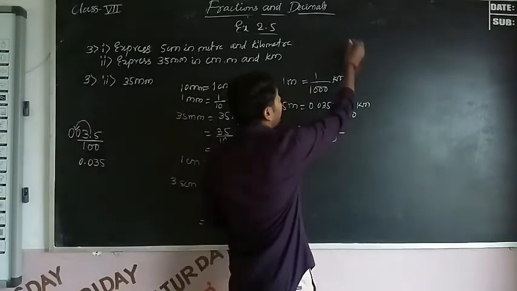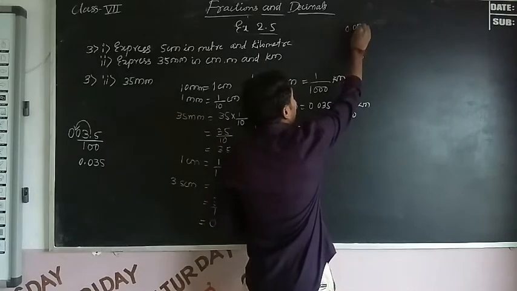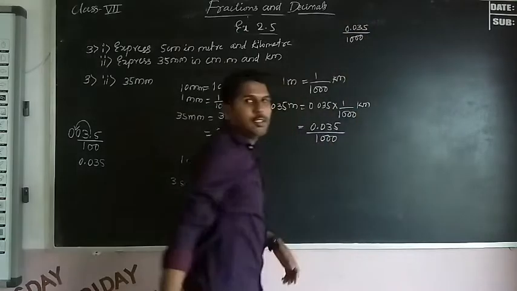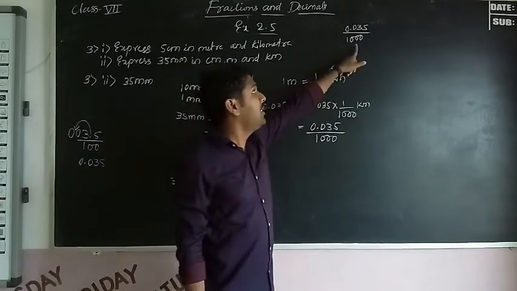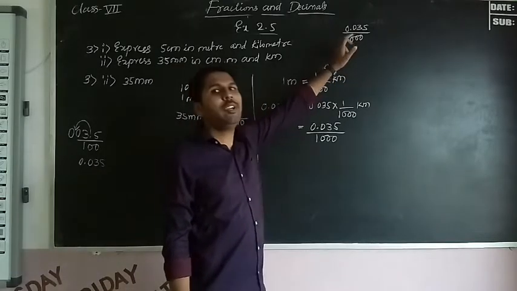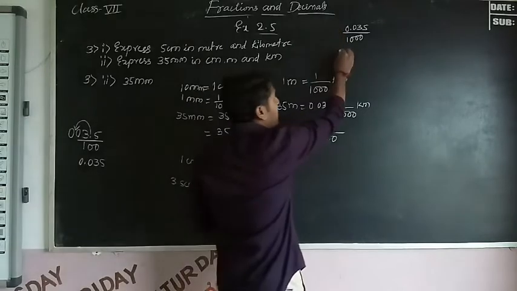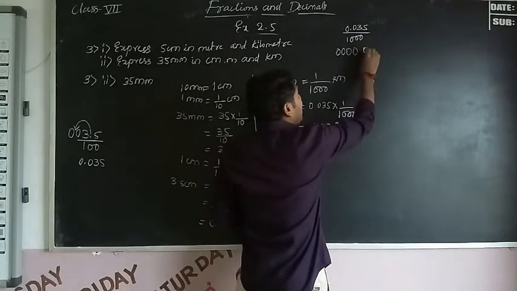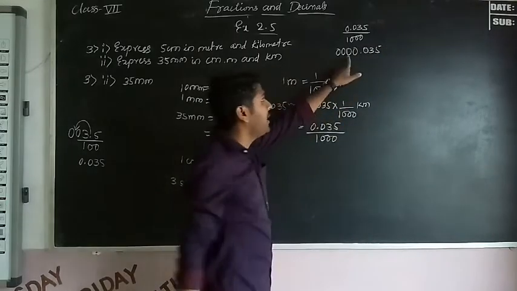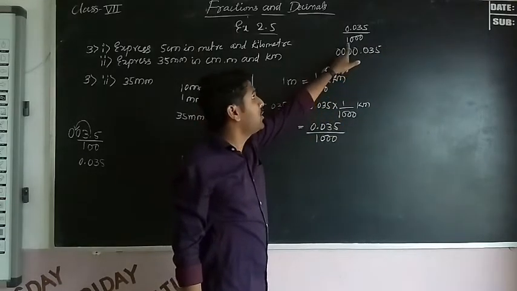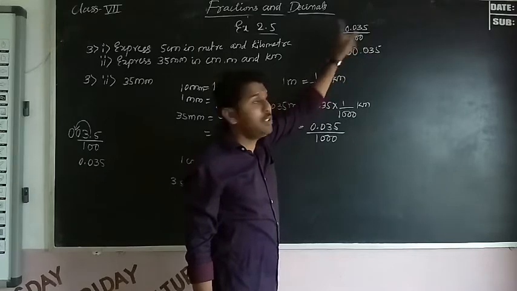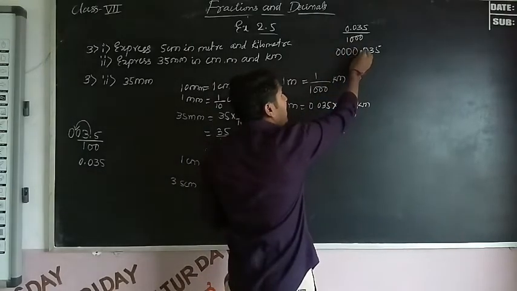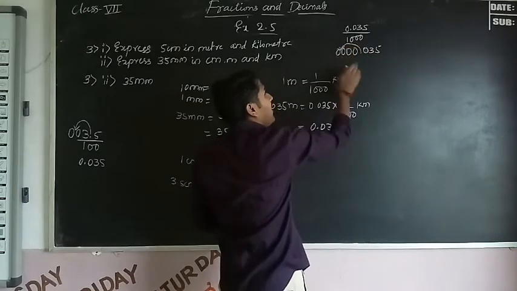So I will explain here. This one is 0.035 divided by 1000. Here 3 places are needed, so I have taken 3 extra zeros. Shifting toward the left side by 3 places, the decimal point: 1, 2, 3.